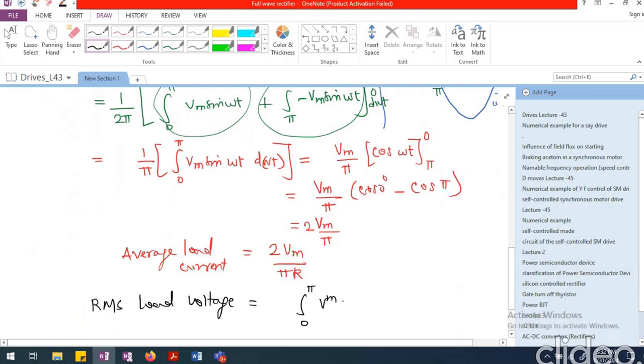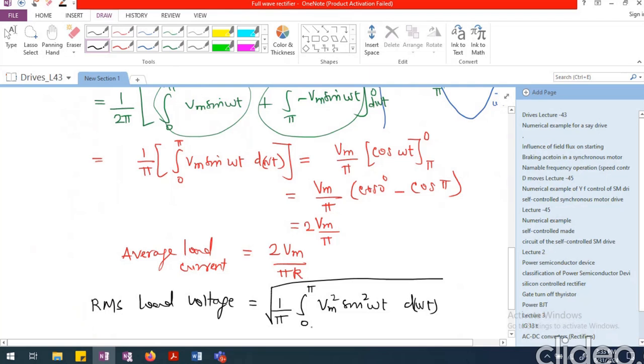I should write Vm square, this is Vm square sin square omega t, d omega t. And I have to just integrate it from 0 to pi and average it over pi and take the square root of this. That is what is the RMS value.